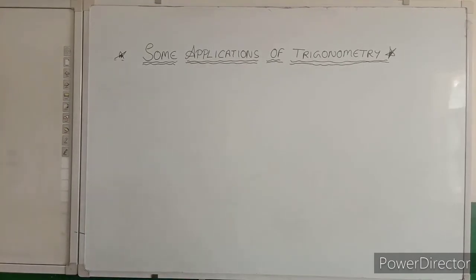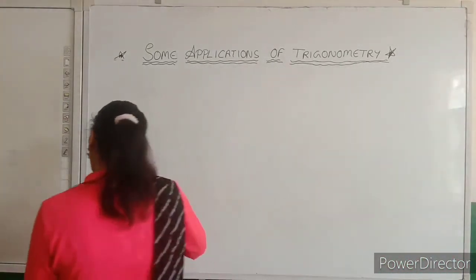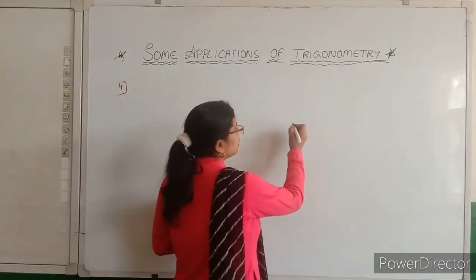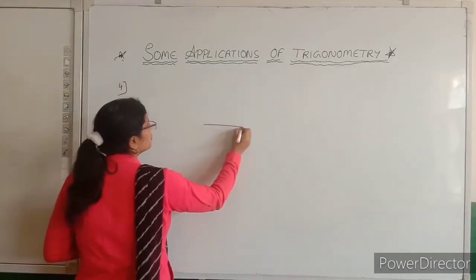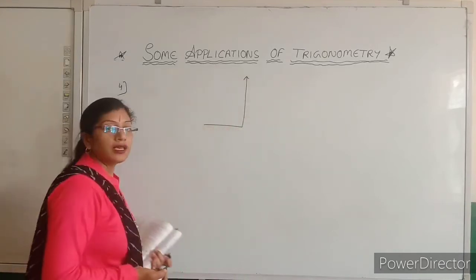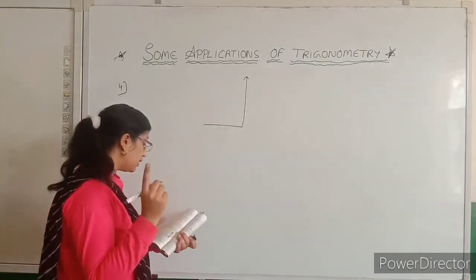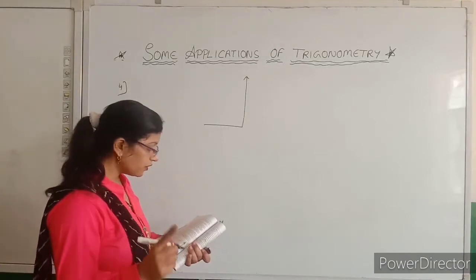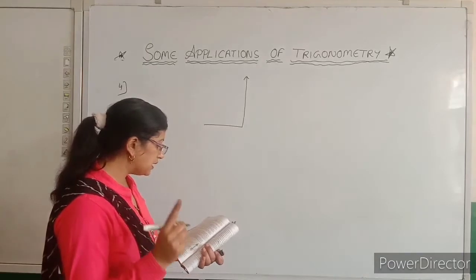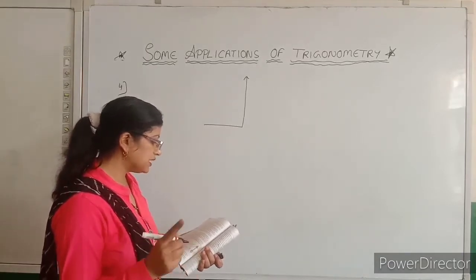Now the question number 4 is: the angle of elevation of the top of a tower. So there is a tower. Okay, so let me say this is a tower and this is a ground. What is given to you? The angle of elevation of the top of a tower from a point on a ground which is 30 meter away from the foot is 30 degree.